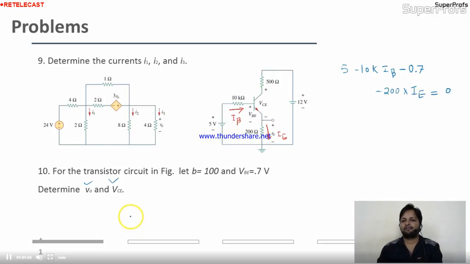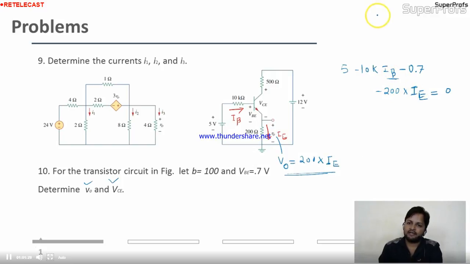Is it okay? Now see, can we find the value of IE? If we are able to find IE, this V0 is nothing but 200 multiplied by IE. This V0 is this one, right? Yes, we can easily find the value of the emitter current by replacing IB.